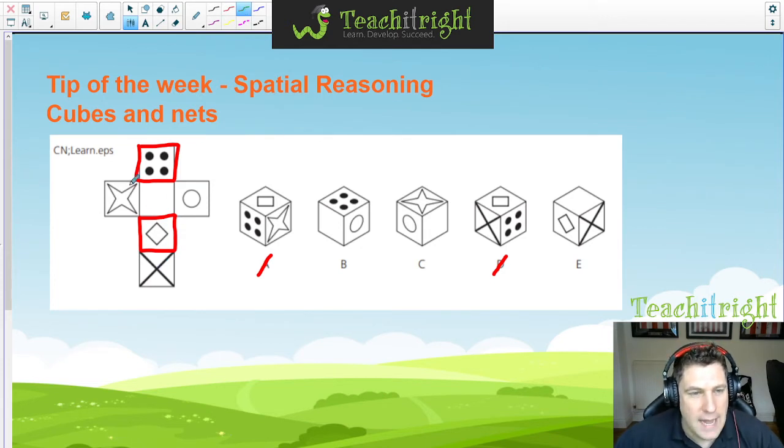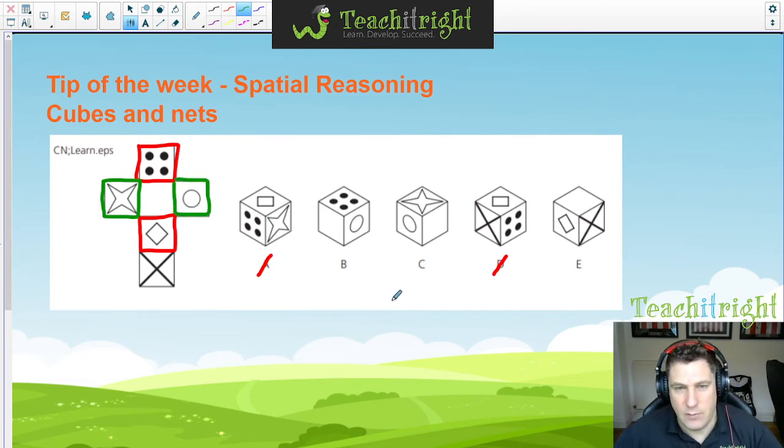We then can come back and consider what other shapes on the faces can't touch. Well, this 4-pointed star here is not going to be able to touch this circle. And again, we can see that happening in C, so we know that that cannot be correct.